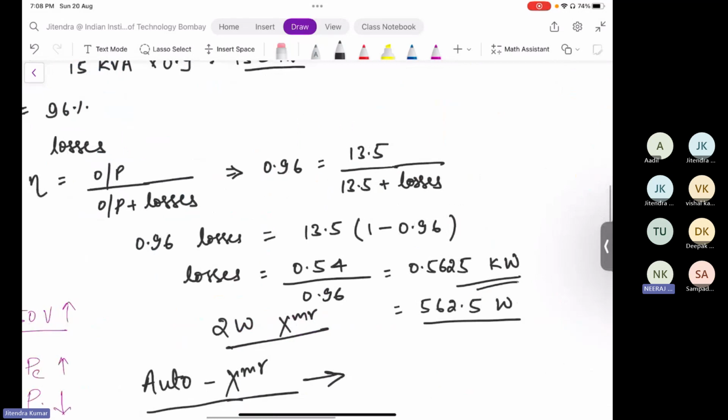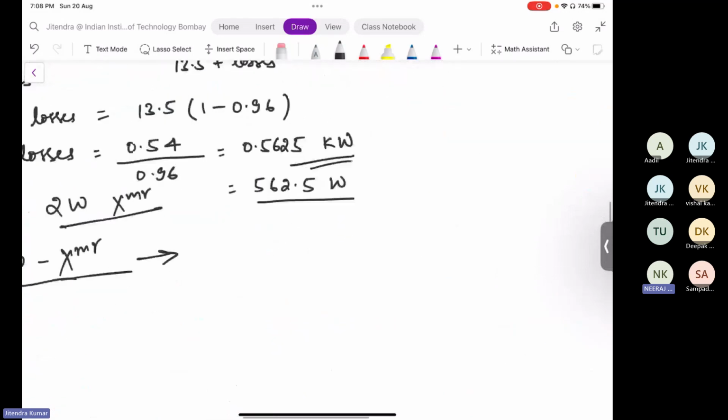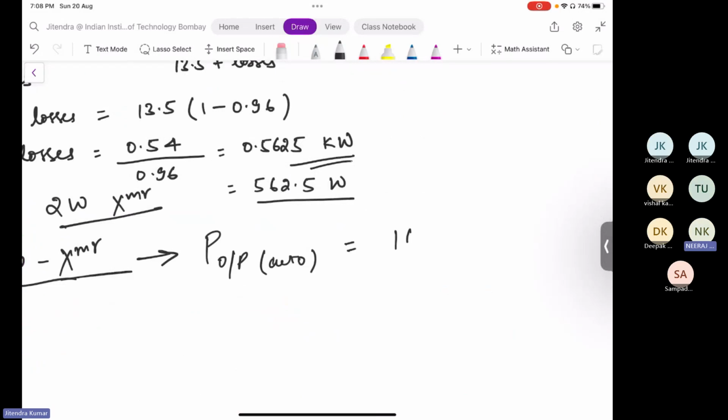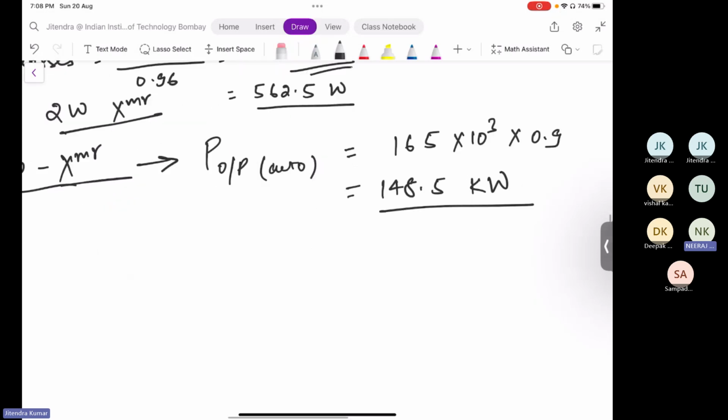So the output of auto transformer is 165 kVA into 0.9. So it should be 148.5 kilowatt of output power of auto transformer.